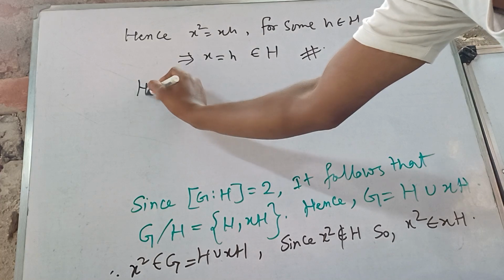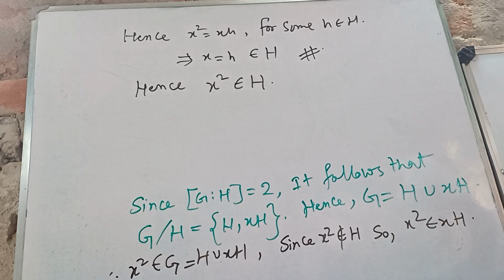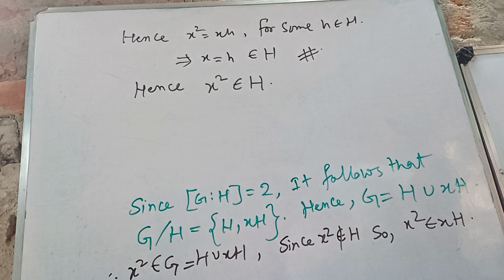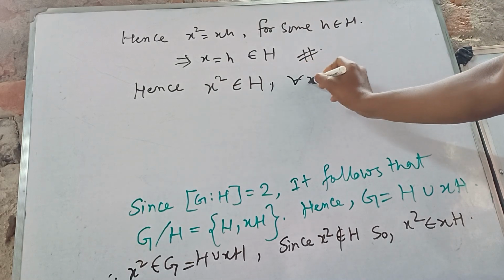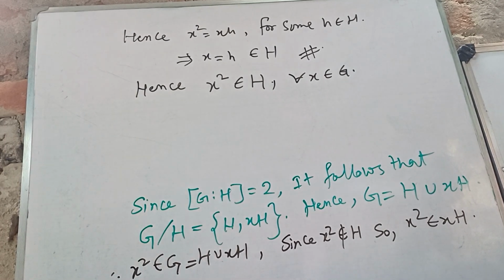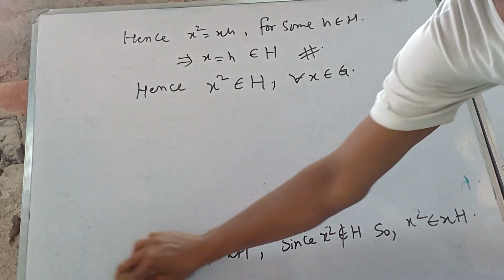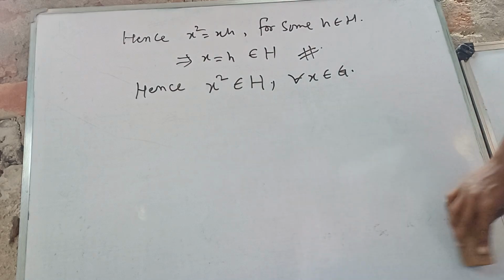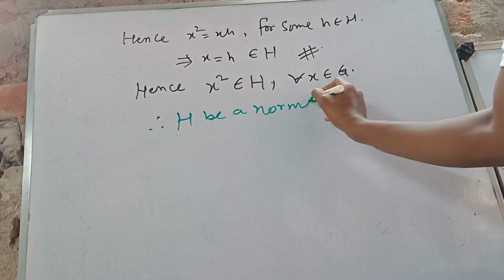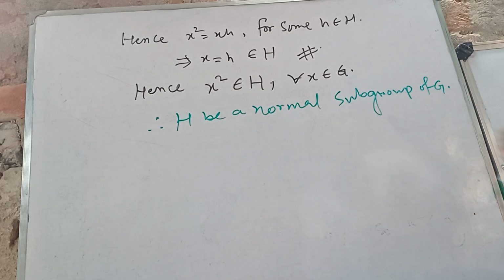So we see that x square belongs to H. That means this assumption was wrong, so we obtain x square belongs to H for all x belongs to G. Then by using this problem, we obtain that H is a normal subgroup of G. Not a problem at all.